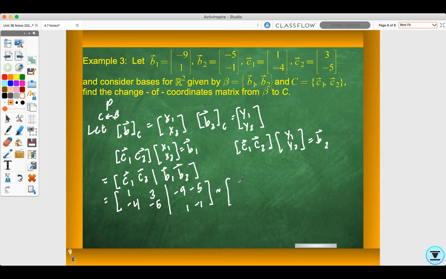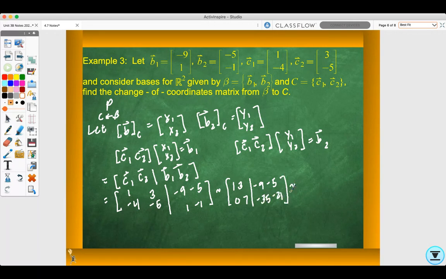First, I can go ahead and take 4 row 1 plus row 2, and get 0, 7, -35, -21.